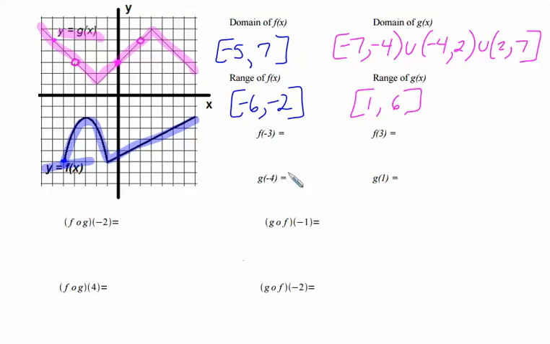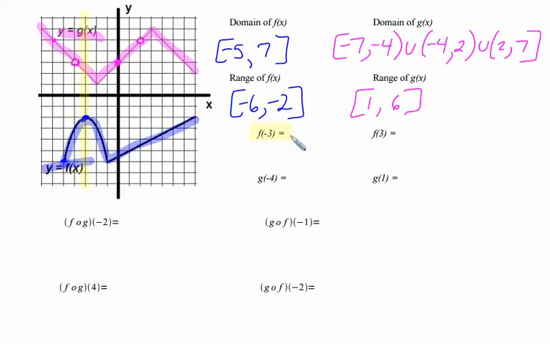Now, f of negative 3. What this means is we're going to go over to where the x value is negative 3, and see what is the y value on f. Well, that's right here.